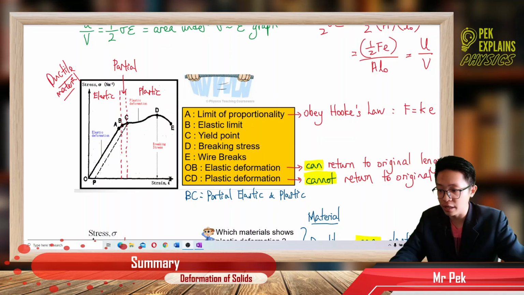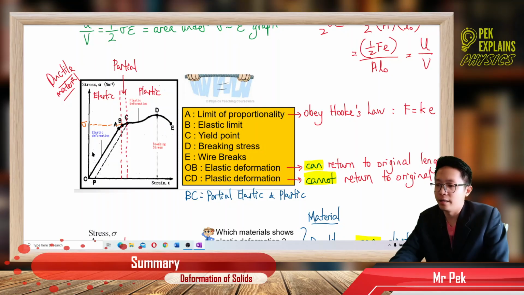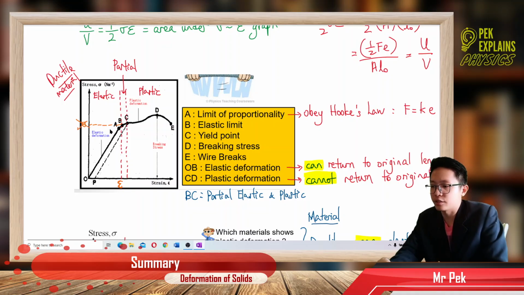So if you increase the stress until this point, the elastic limit, the point B, the wire will elongate until this strain, till this ratio. But when you release, the stress becomes zero again.